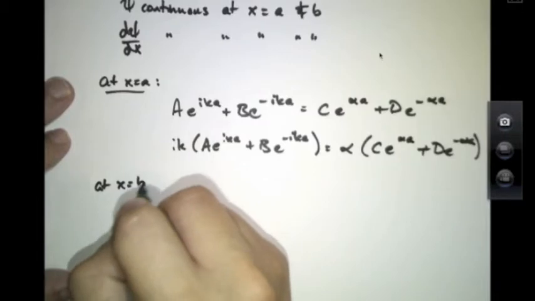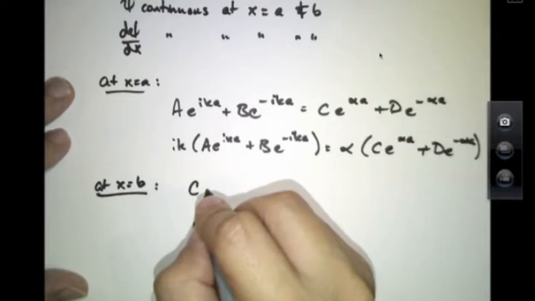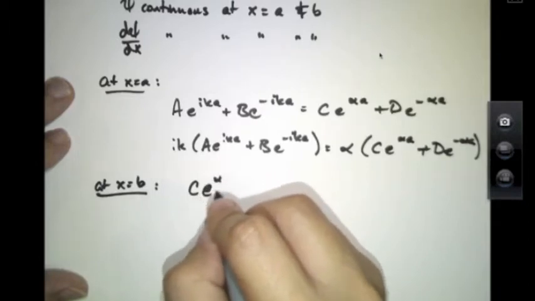This is psi is continuous, and this is d psi dx is continuous at x equals a. At x equals b, this looks like c e to the alpha b.